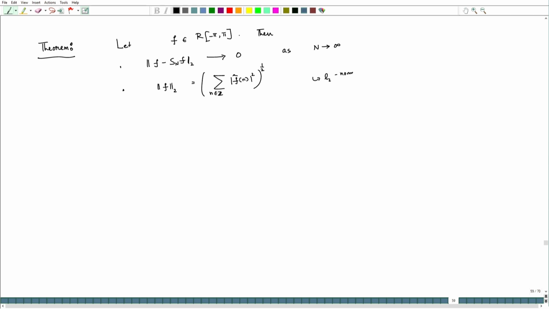This is known as the Parseval identity, which is one of the cornerstones of Fourier series. This is very satisfying and one of the most fundamental and important results in Fourier series. Okay.